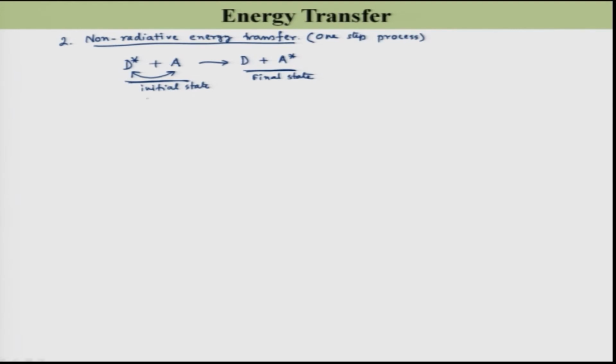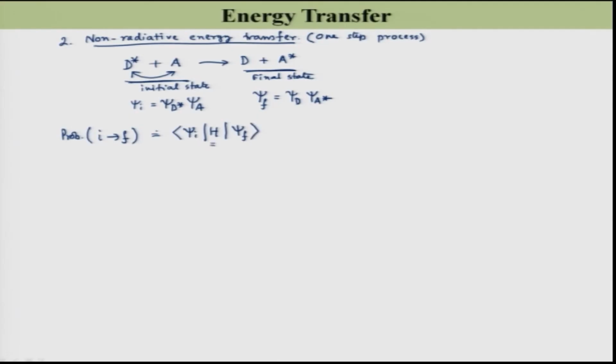So, if I write the wave function of this initial state as psi I, which is psi D star psi A, and the wave function of this final state as psi f, as a product of the wave functions of D and A, that is psi D psi A star, then I can write that particular transition, I to F, as a probability of I to F. This is written as psi I, H, my perturbation, psi f. Now, the question is: what is this H?